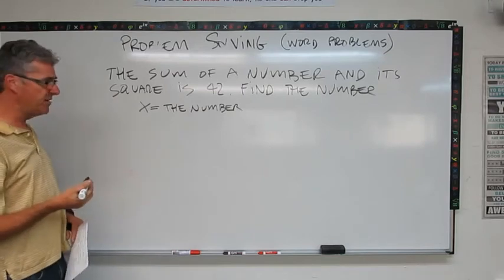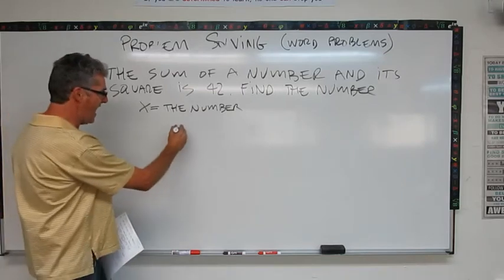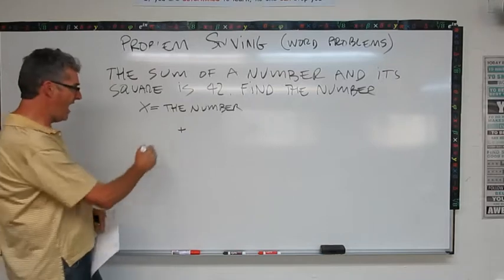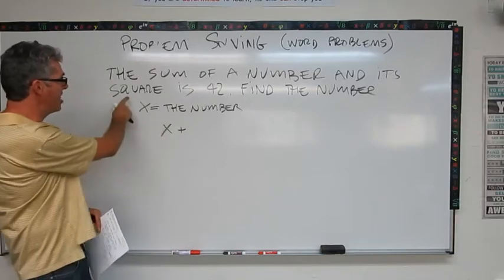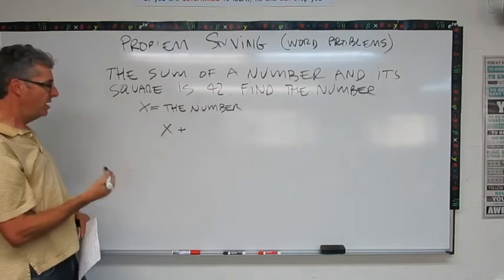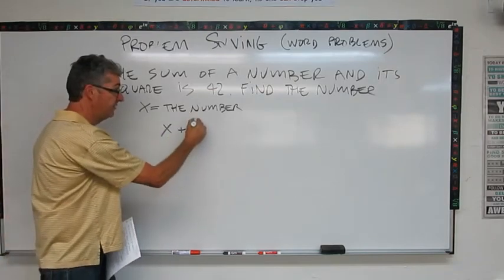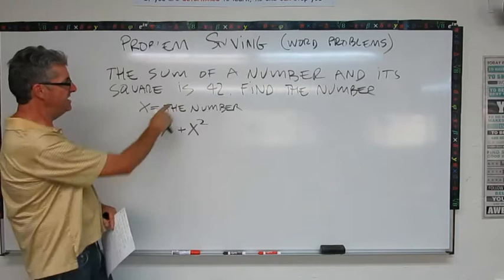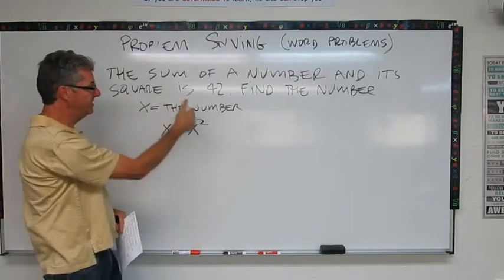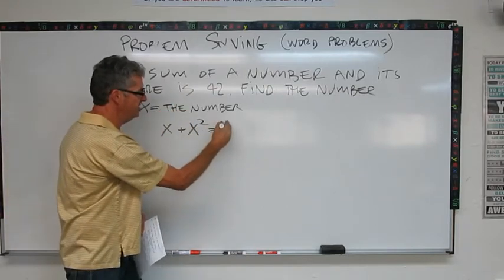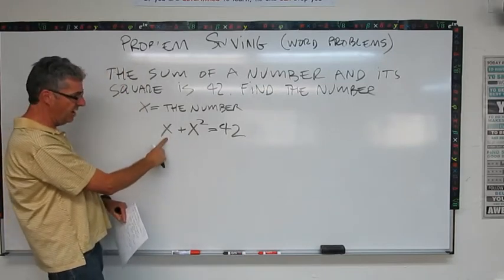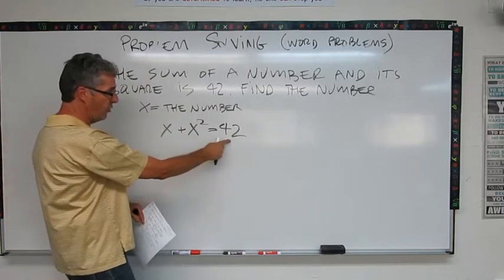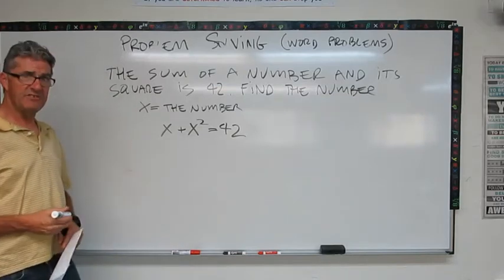The sum of the number: I'm going to add the number to its square, the square of the number. How do I write that? That's x squared, and remember, equals 42. So let's check. The sum of a number and its square is 42. Yeah, I think that's good.